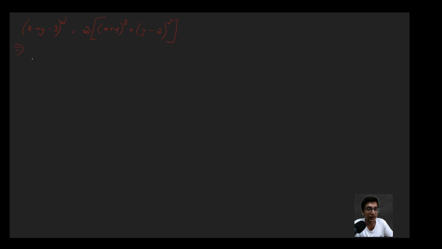Let us simplify this. So we would get x square plus y square plus 9 plus xy minus 3x minus 3y. This would be equal to 2x square plus 32 plus 16x plus 2y square plus 8 minus 8y. Let us bring this equation this side.